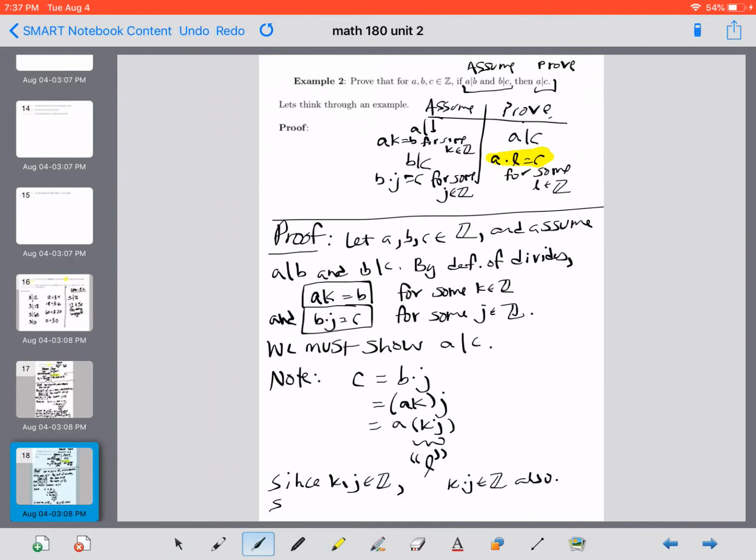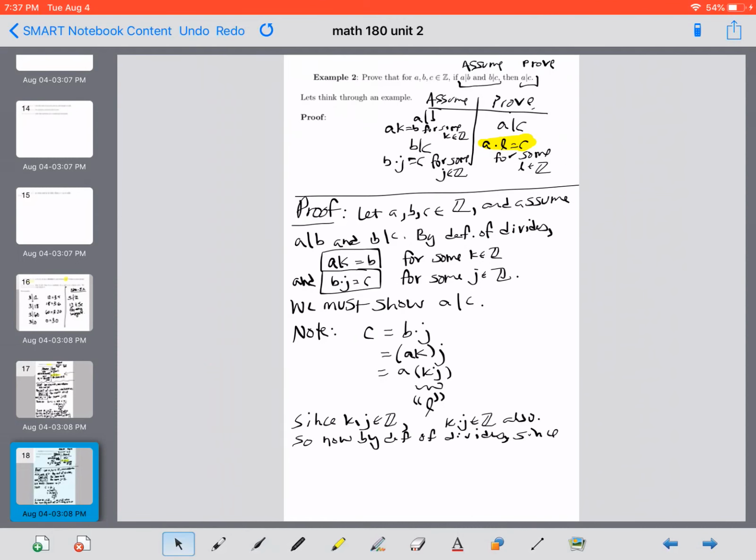Alright, and so now by definition of divides, since we've expressed our c as a times an integer kj, we have that a must divide c, which is exactly what we're trying to show. Alright, great.